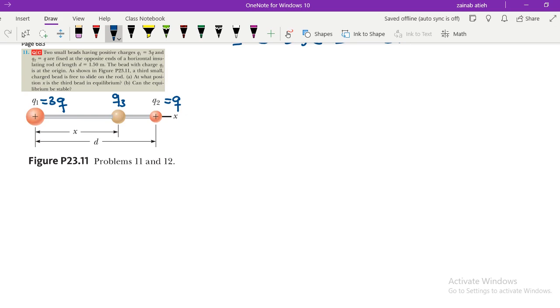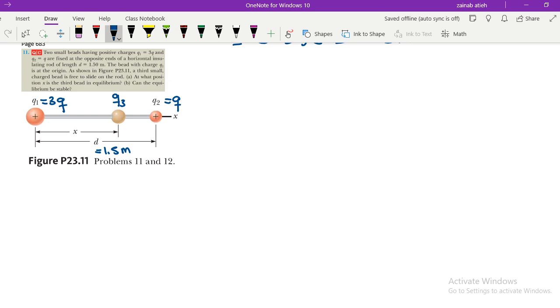I don't know whether it is positive or negative. I know that Q1 is positive, Q2 is positive, Q3 I know nothing. I know that Q3 is away from Q1 by a distance x. I've got D equals 1.5, so D is equal to 1.5 meter. So this is the given.